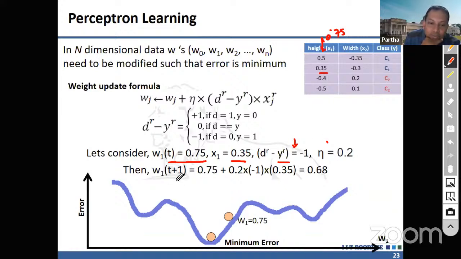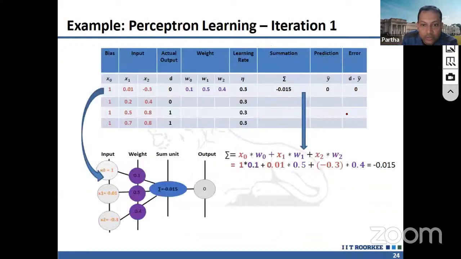So what will be the next value of the weight? It will be the old value 0.75 plus scaling factor 0.2 into (d minus y), which comes as -1, into 0.35. I've just multiplied this and it comes to 0.68. So the first time this w is 0.75, and next time it is 0.68. Then again you have to check what the predictions are, and accordingly it will be modified. This is the way we are doing this modeling.